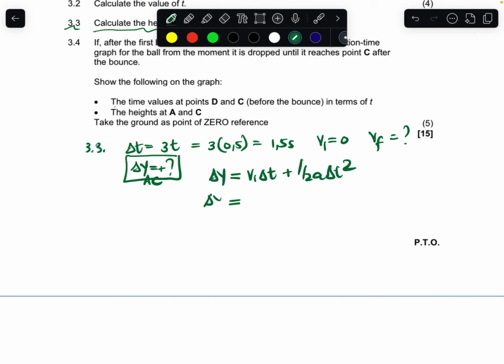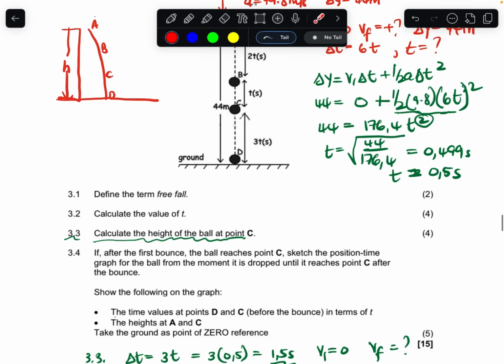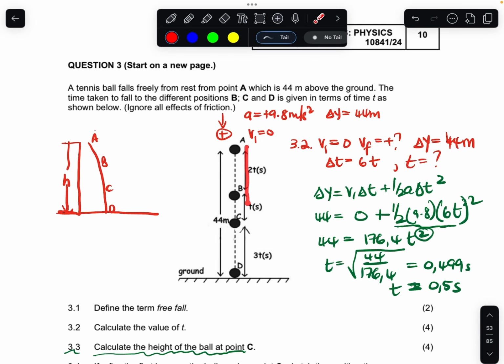The displacement is the one that we want. The initial is still 0, so this is going to be 0. Half the acceleration is 9.8, and then the time now is 1.5. Don't forget to square there. It's going to be 11.025 meters. The 11.025 meters is a displacement from A to C.